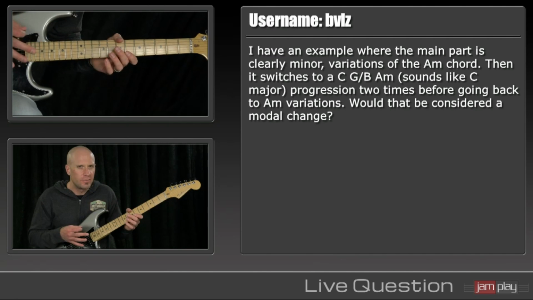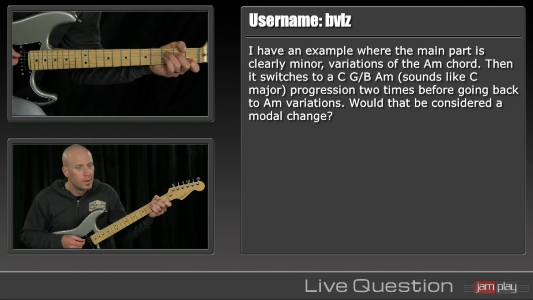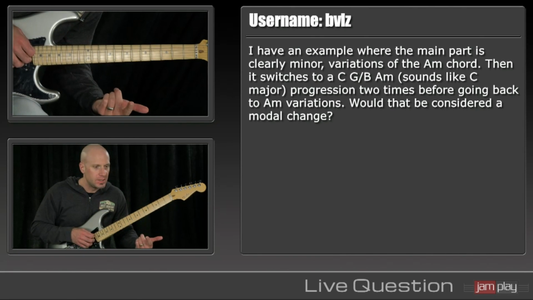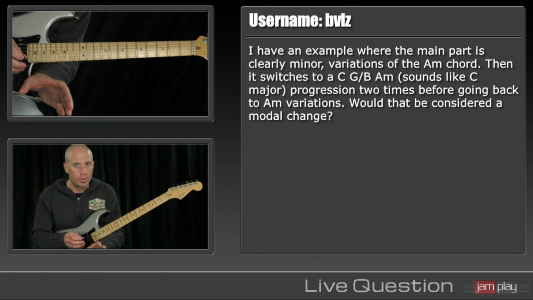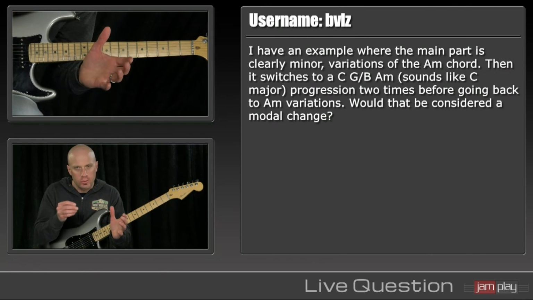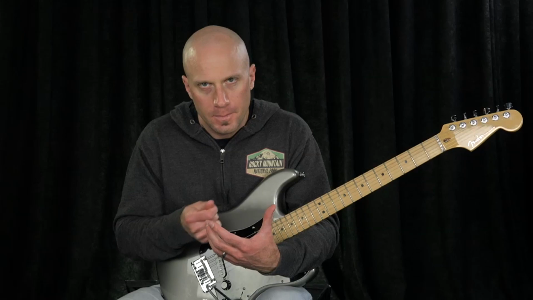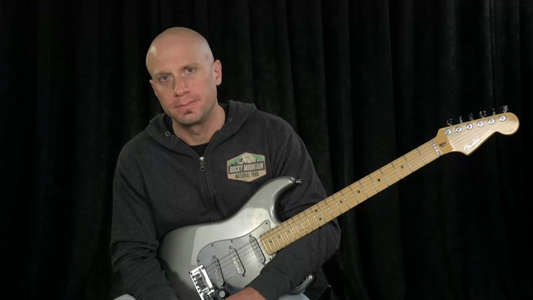So you see the difference? Like, I landed in C. C started to feel like home, so I changed tonal centers. But if you're going back to that A repetitiously, then it could just be it's all in A. But absolutely, that would still be considered a modal change. If you feel like you switched from A to C, then yeah, you'd want to handle that differently from a soloing perspective. Absolutely. Good question.